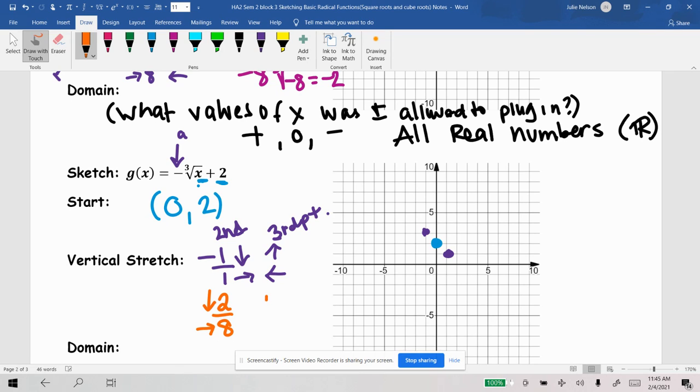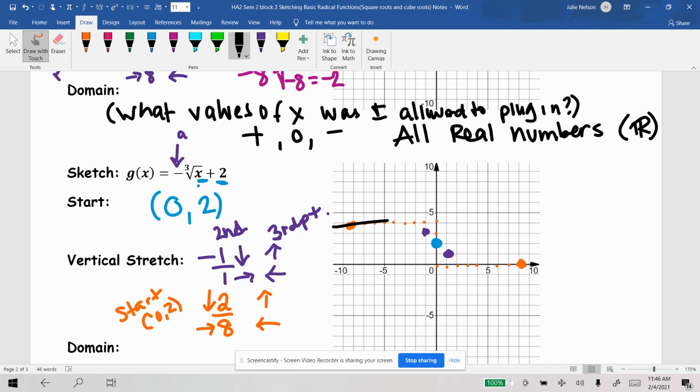And the fifth point, I'm going up 2, left 8. So from the starting point, which is 0, 2, I'm going to go down 2, right 1, 2, 3, 4, 5, 6, 7, 8, and then go back to the starting point. I'm going to go the opposite direction, up 2, left 1, 2, 3, 4, 5, 6, 7, 8.